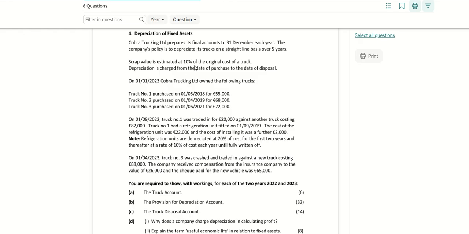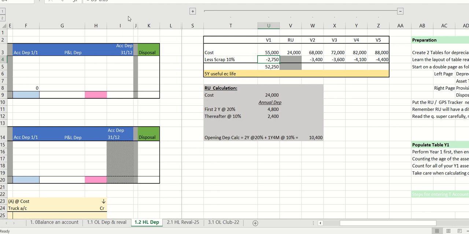Sorry, no, I didn't do that right. Scrap is 10%. Apologies. Our scrap value is 10%. So I'm getting 10% divided by 100, multiply by 10. 10%. And that's coming off the value of our vehicles. Okay. Lovely. So now I'm getting my little value of my trucks excluding that scrap. So 95% of the cost of the vehicle is all that we're allowed to consider for depreciation.